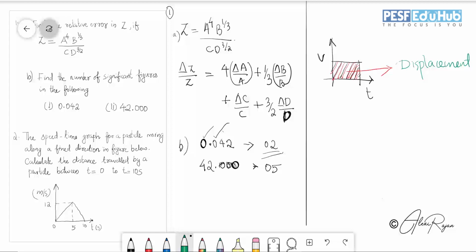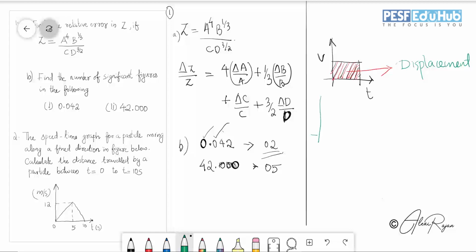So if I want to find out the displacement or distance covered by the body and a graph is given, we just want to find out the area subtended by the graph. Then you will get the distance covered by the body.